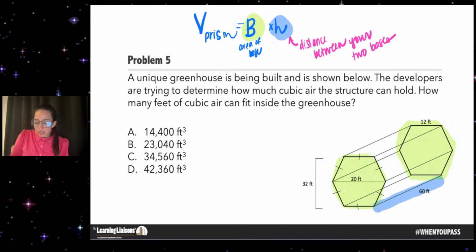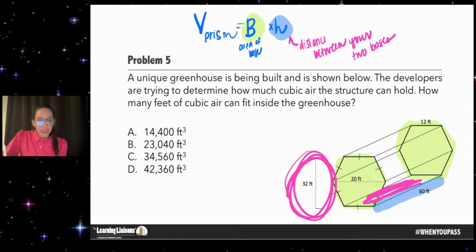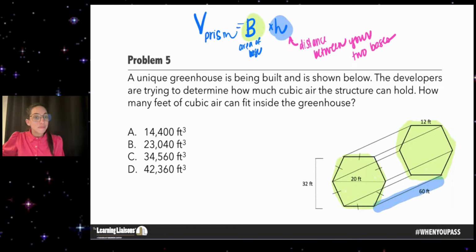So this is my base, and this is my height. A lot of people are going to misconstrue this and think that this is the height and this is the base, because that's what the greenhouse is sitting on. So don't misunderstand that. Now, I know my volume formula is going to be area of the base times 60.